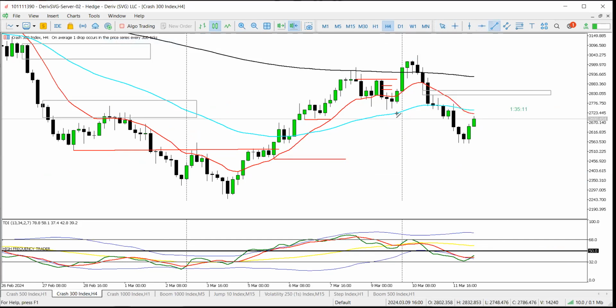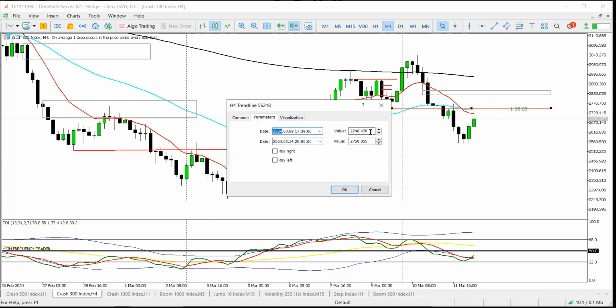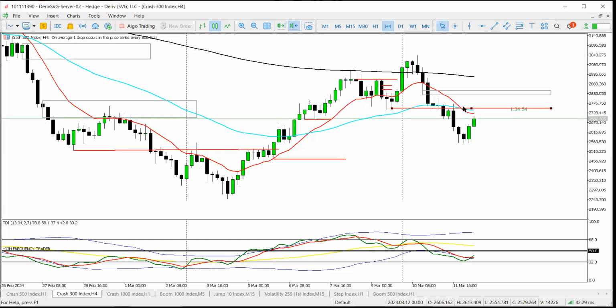We've got an order block on the H4 right there. So that will be around 27.48 area. Okay, 27.48. That's a 4-hour order block, and the fair value gap just above it.